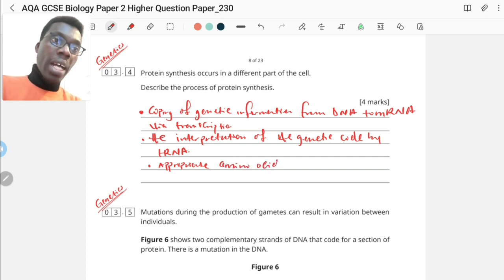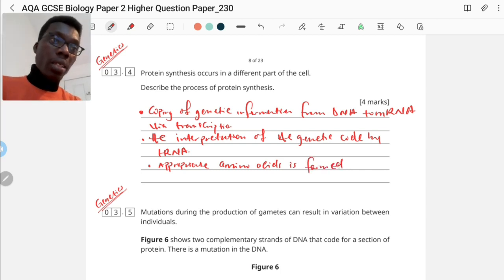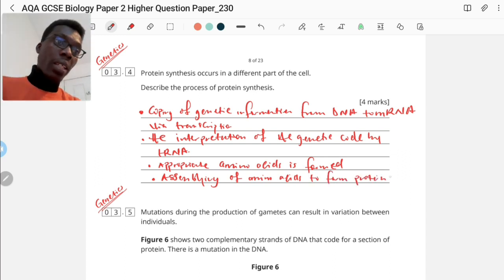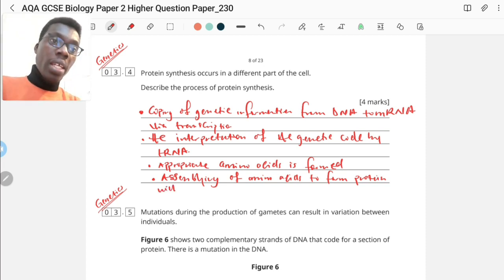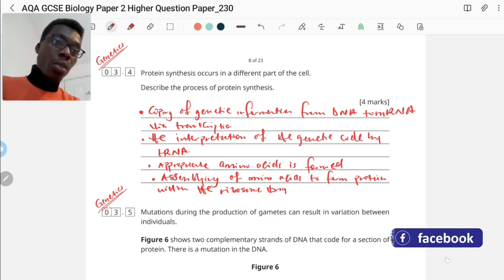amino acids are formed. Then last part, assembling of amino acids to form protein within the ribosomes through rRNA.